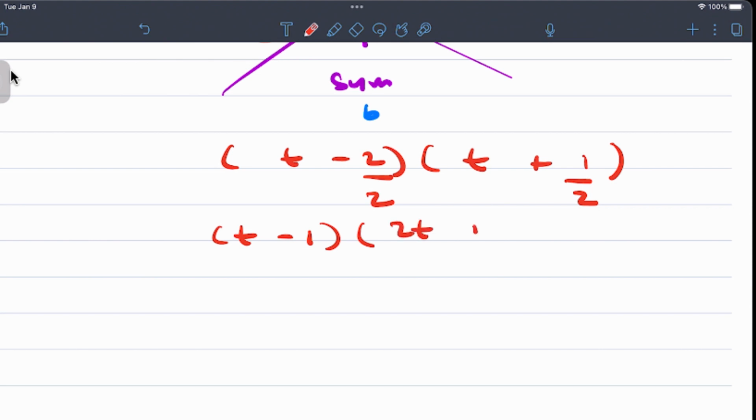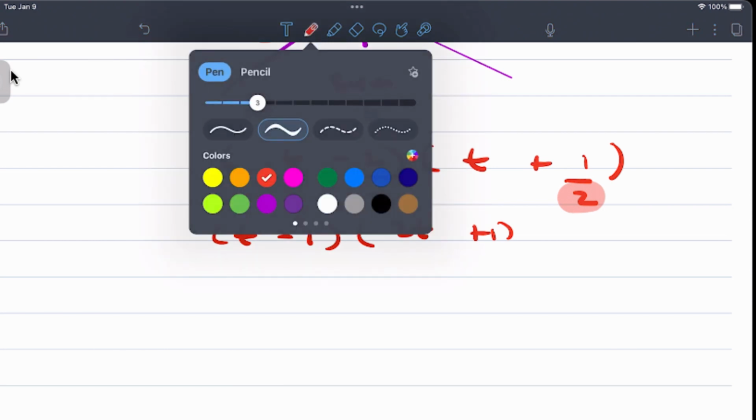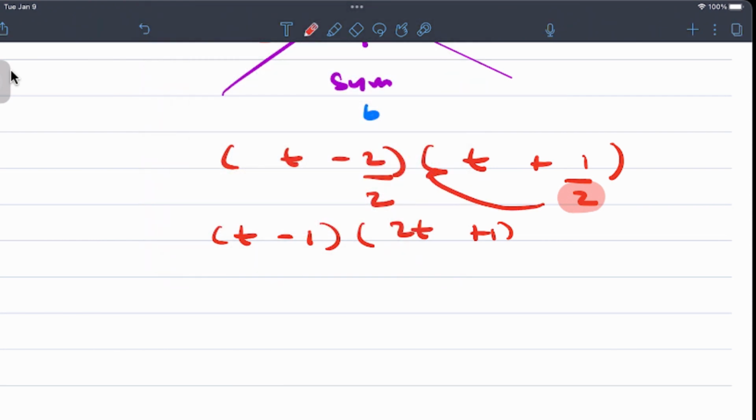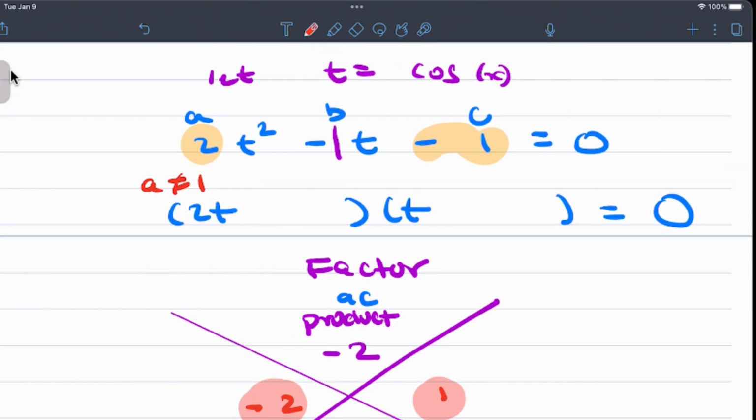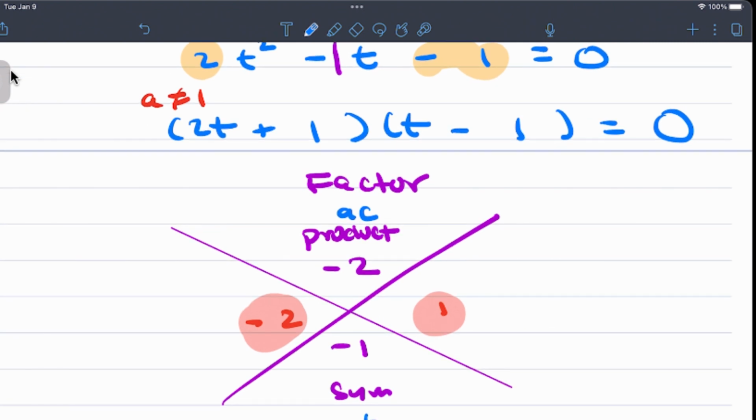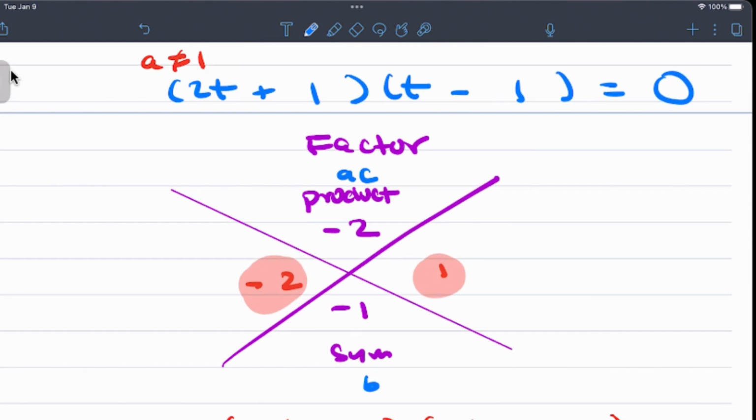Over here, you bring the 2 up because it's not a nice integer value. So this is t minus 1 times 2t plus 1. Or if you already know how to factor that, it's the same thing. So this is the crisscross method, in case you forgot. 2t plus 1 times t minus 1 equals 0.